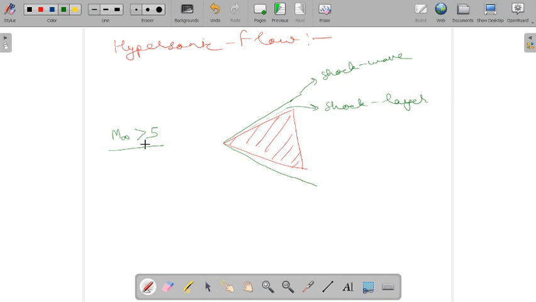The more generic criterion is that the transition from supersonic to hypersonic flow is a function of the shape of the body and the free stream density of the fluid medium. That is the more robust thing, and depending upon that it changes.